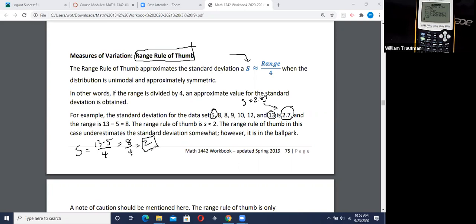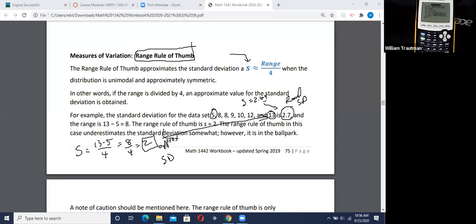Do you see? This is an approximation for the standard deviation. This is the real standard deviation. So they're close, 2.7 and 2, maybe not that close, but it's just an approximation.